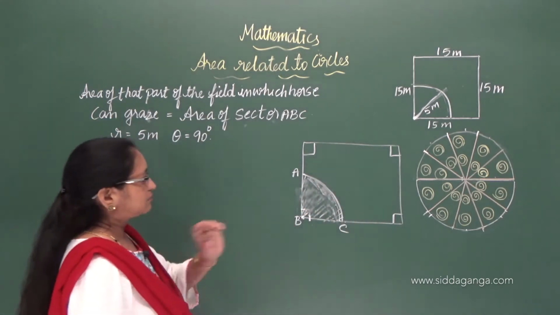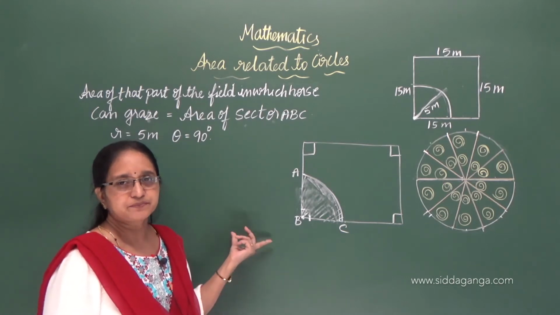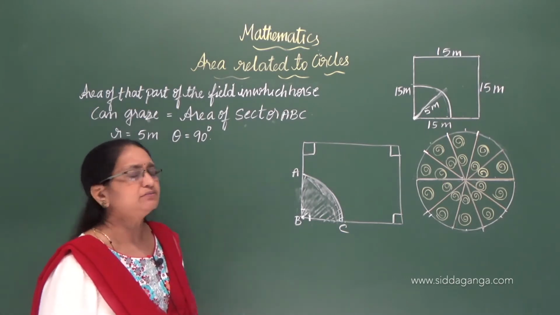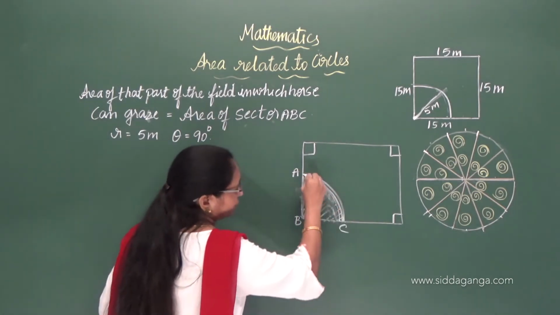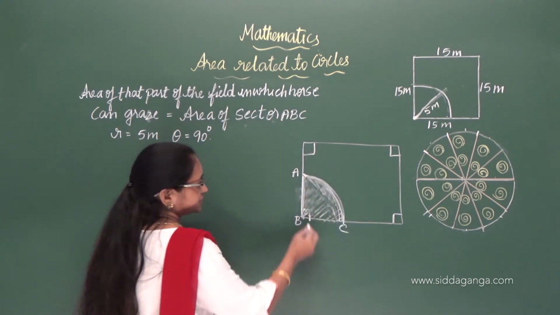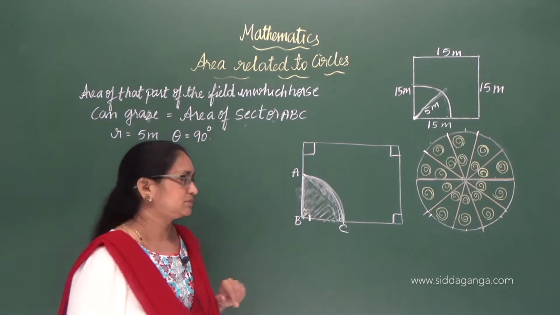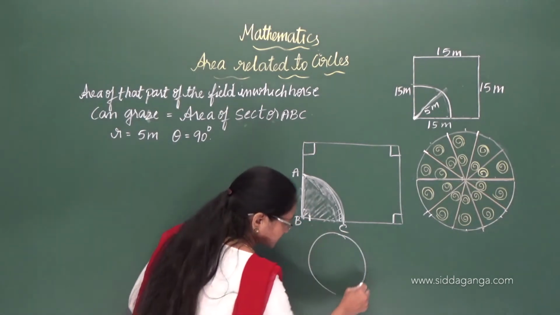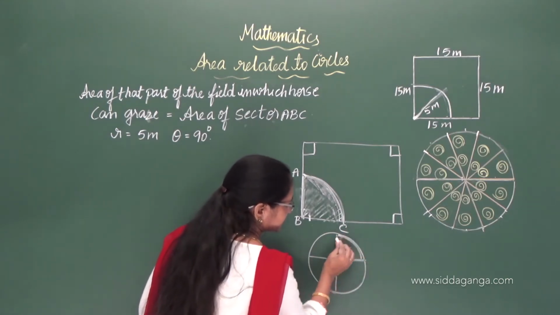One is by putting the formula directly, which you all know. Second one, can you recall it? What does this represent? It represents the quadrant of a circle. I had explained this in the previous class. It represents the quadrant of the circle. See this part.